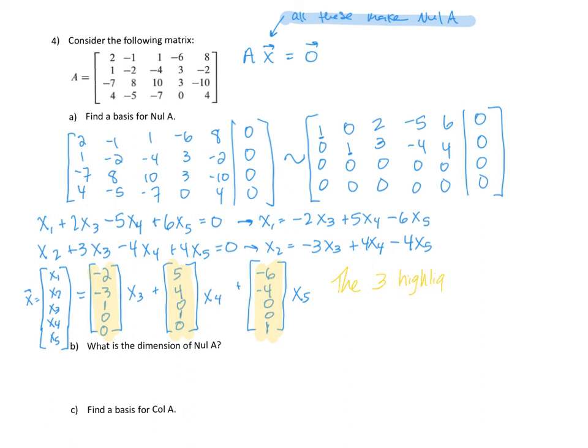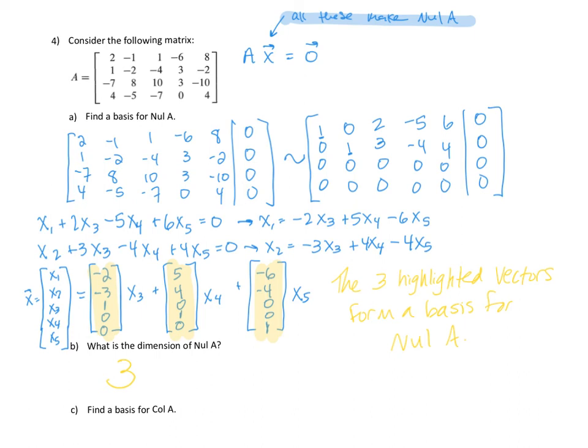These three highlighted vectors form a basis for null A. And because there are 3 vectors in the basis, the dimension of null A is 3.